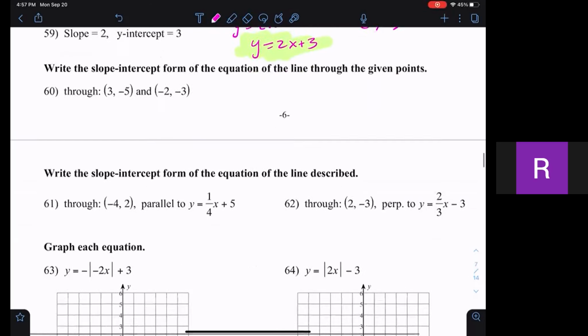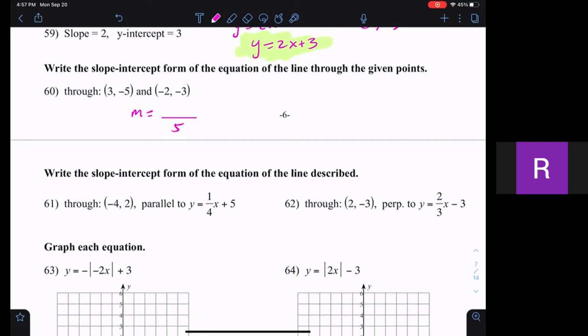Write the slope-intercept form of the equation of the line, right? So first you need to find the slope. So what's the slope? The slope is the change in y over the change in x, right? The change in x is going to be from -2 to 3. That's going to be 5 units, right?